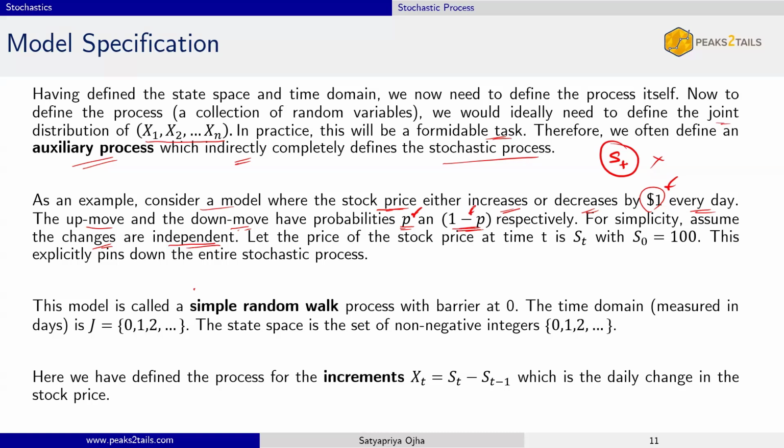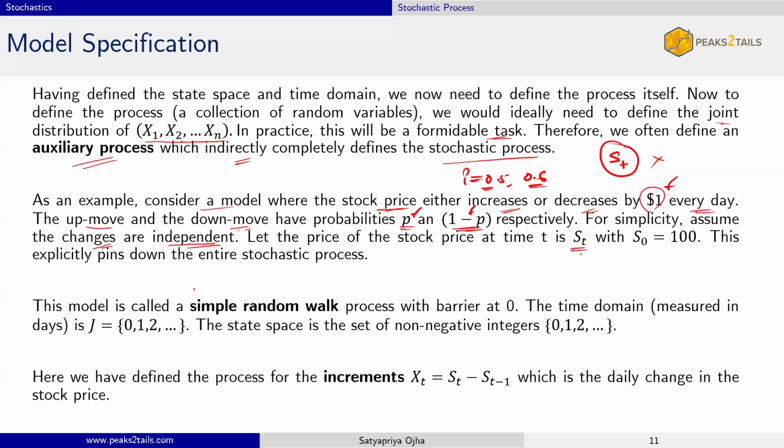The probability of an up move is always P and a down move is always 1 minus P. You can fix P as, let's say, 0.5 or 0.6, it doesn't matter. But it is the same every single time. And they are independent. Yesterday's change does not affect tomorrow's change.